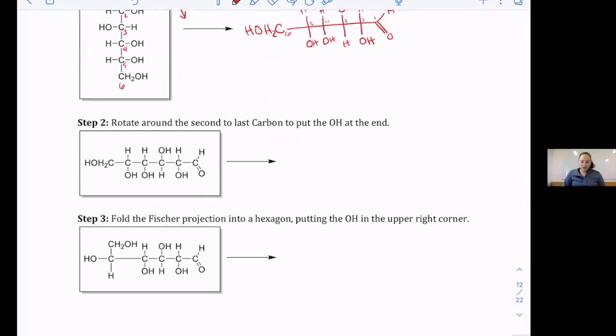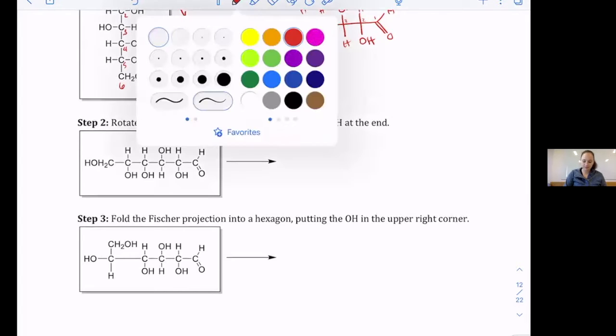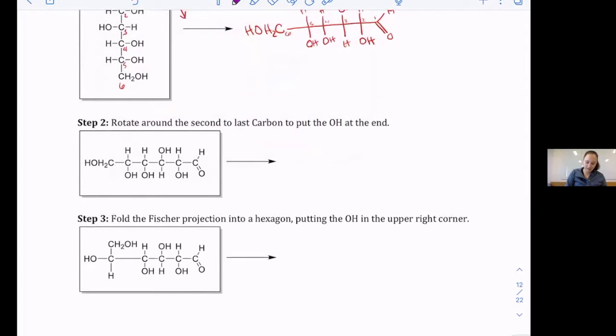Step number 2, rotate around the second to last carbon and put the OH on the end. So you see here, my second to last carbon, carbon number 5 in this case, I need my hydroxyl to be in the horizontal line.